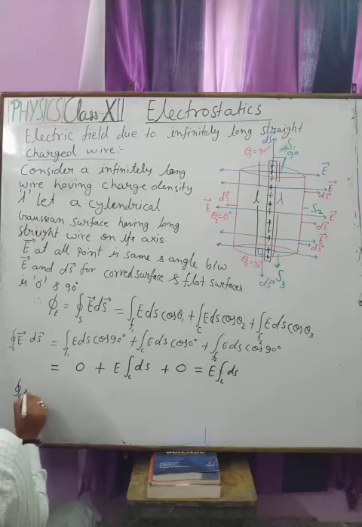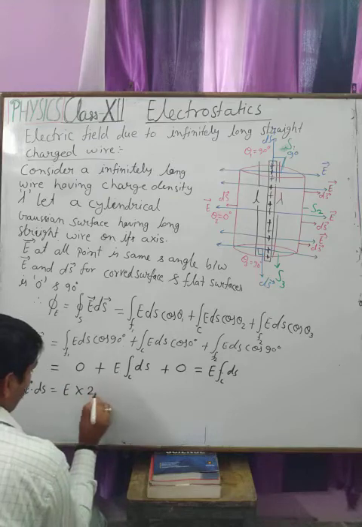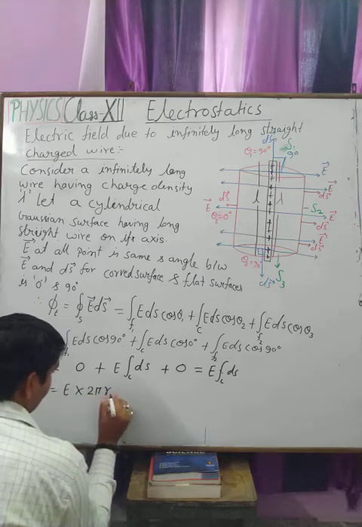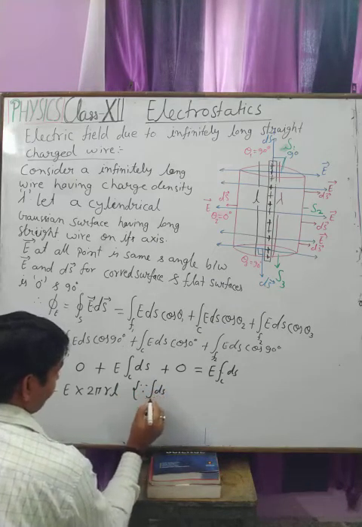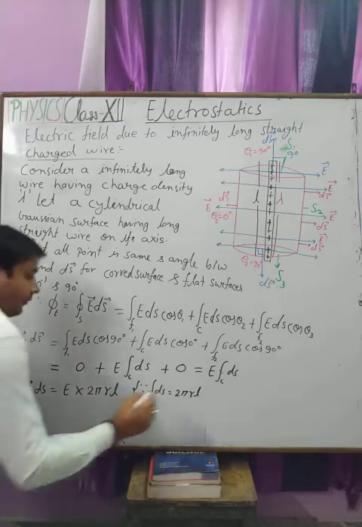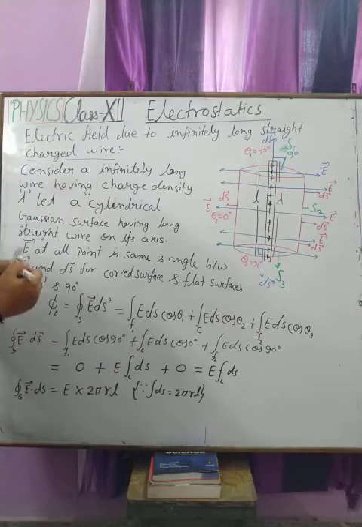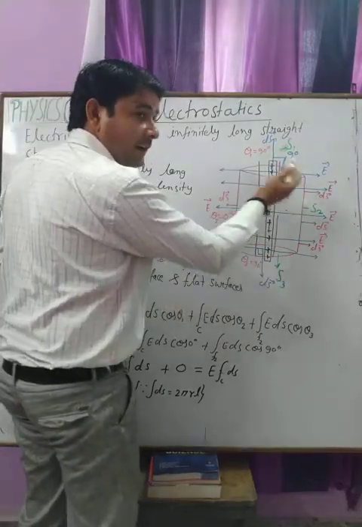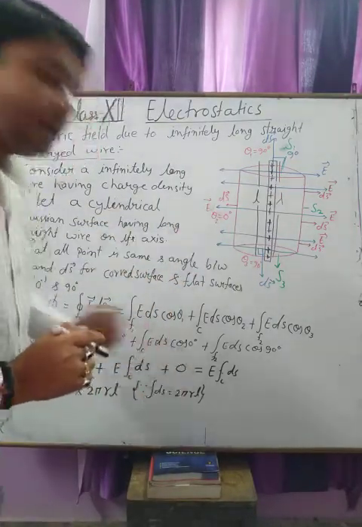Therefore closed integral of vector E ds is equal to E into 2 pi r L, where integration ds is equal to 2 pi r L. Here student, we are using in place of ds 2 pi r L because the cylinder has curved surface area 2 pi r h. Here in place of h we are using length L.